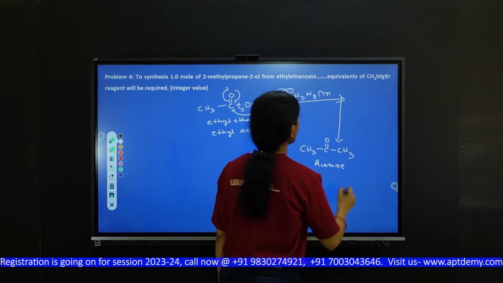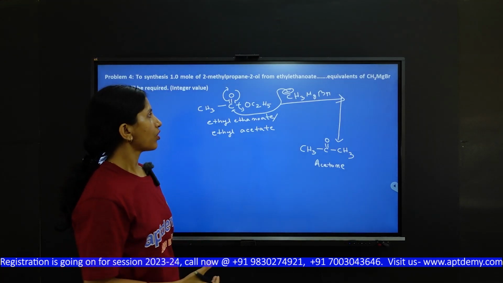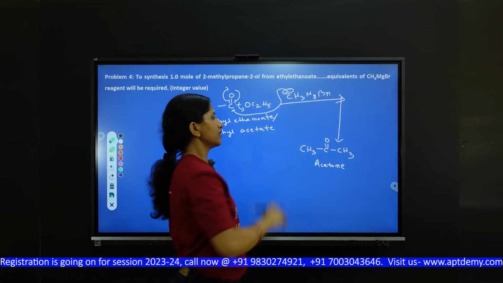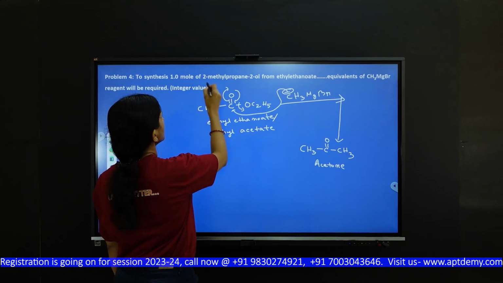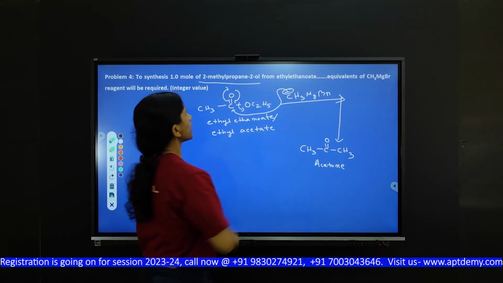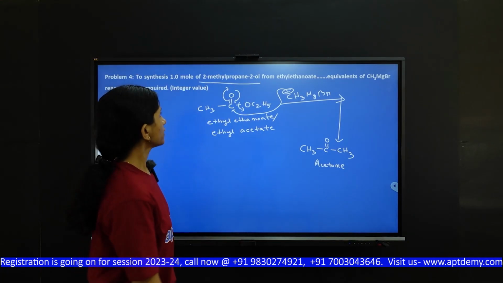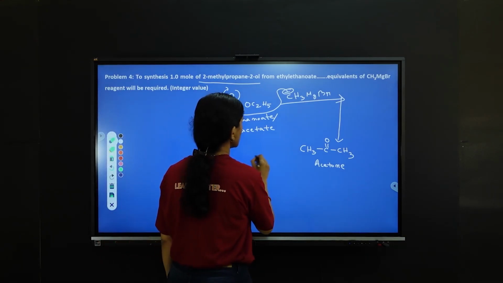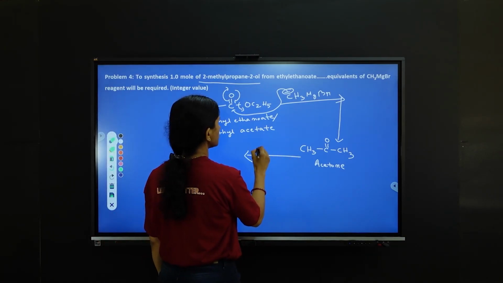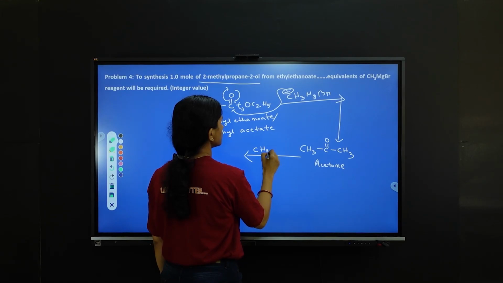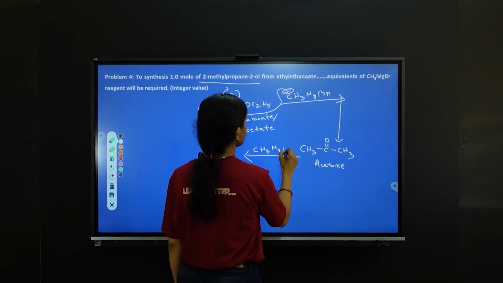So we have already used one equivalent of CH3MgBr. Now we have to get our desired product, so let's use another equivalent of this same reagent, that is CH3MgBr.